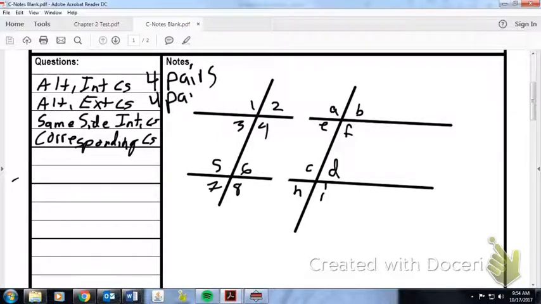All 4 pairs of alternate exterior angles. All 4 pairs of same side interior angles. And all 8 pairs of corresponding angles. Okay, so go for it.